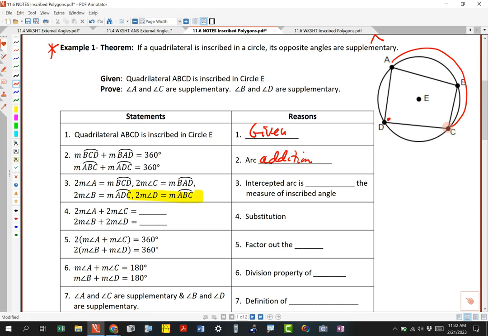Is that true? Yep. Because normally the inscribed angle is half the intercepted arc. So if we double the angle, we'll get the entire arc. Everybody good there? Okay, so we're done with that one. So we're going to say the intercepted arc is blank the measure of the inscribed angle. What do I put here? Double. Yep, double or twice. Either one's fine.